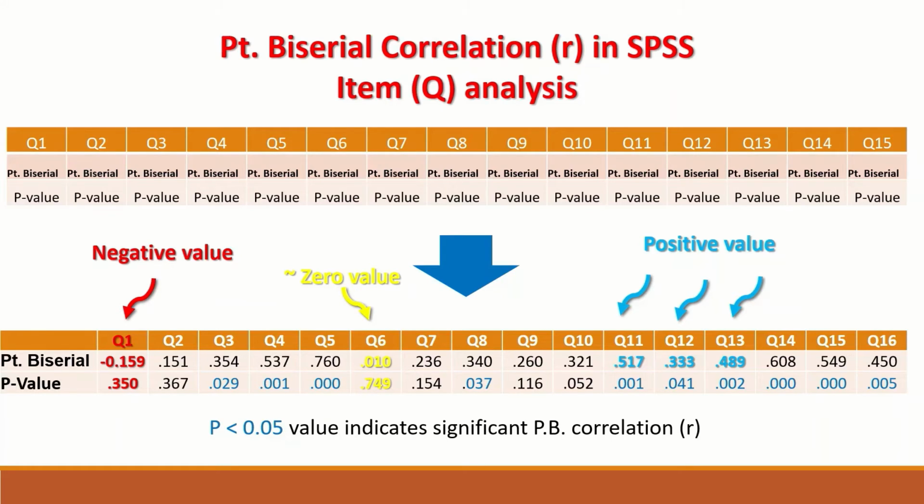From the table on the bottom, we can say that question number 3 is a good question. Question number 4 is a very good question. Number 5 is a very good, if not excellent, question. Number 7 is not a good question. Number 8 is a good question.